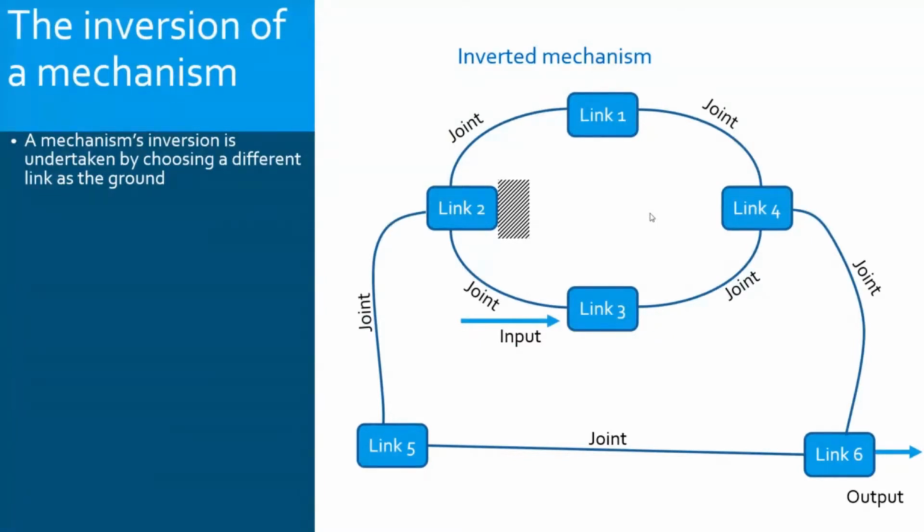So it is as simple as that. Inverting a mechanism is to choose a different link, here for example link 2, as the ground.